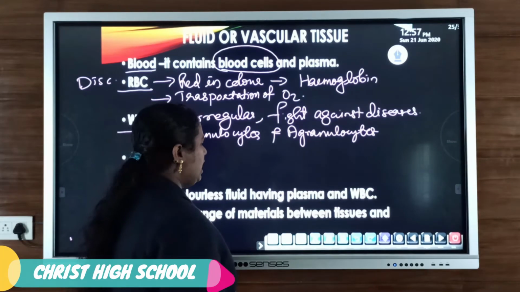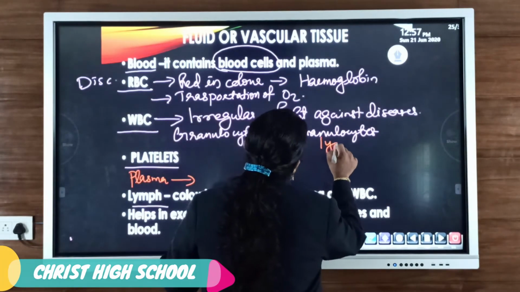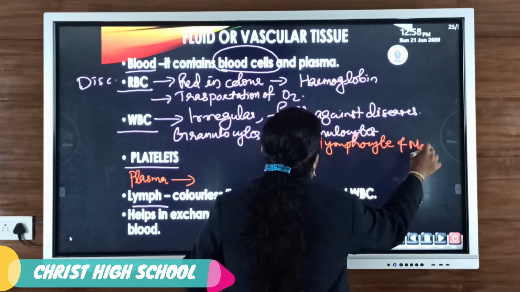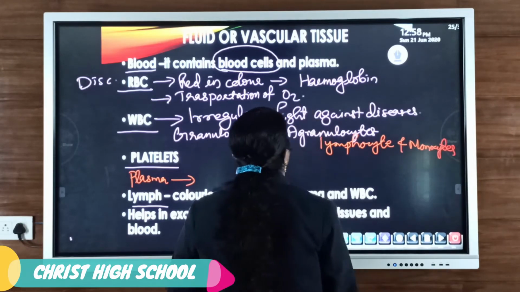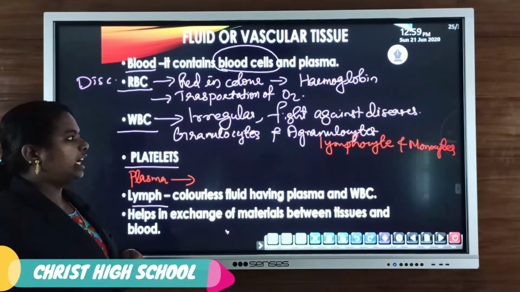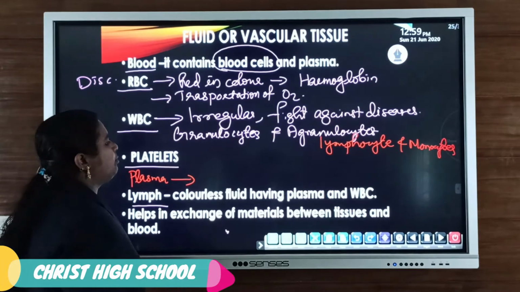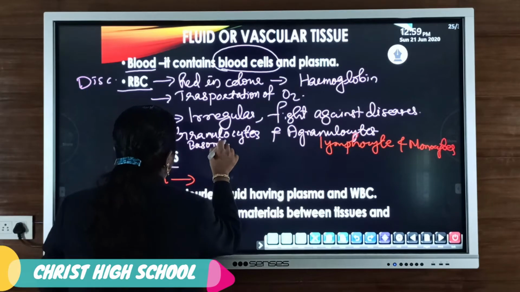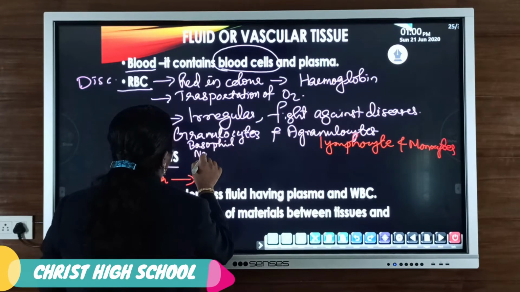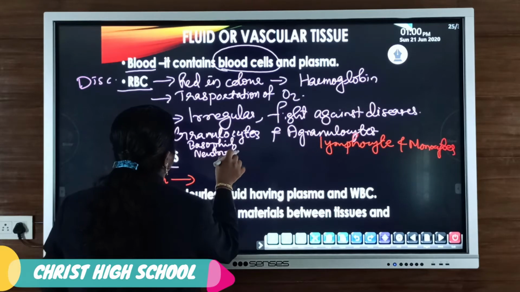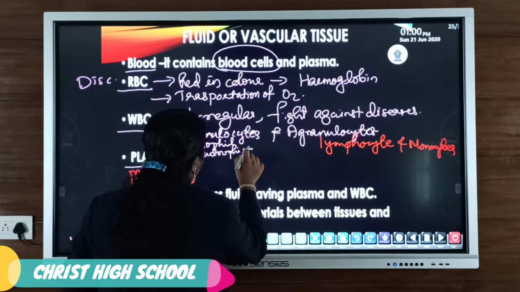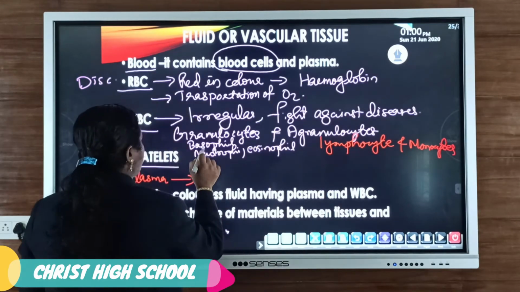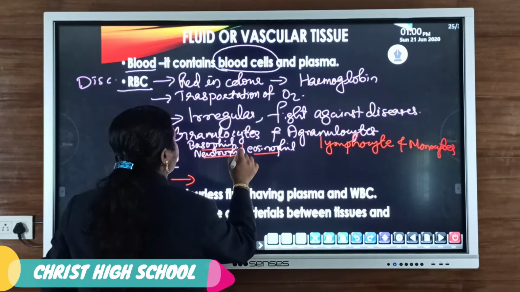Lymphocytes and monocytes are the main agranulocytes. Granulocytes, in which small granules are present, are of 3 types: basophil, neutrophil and eosinophil.